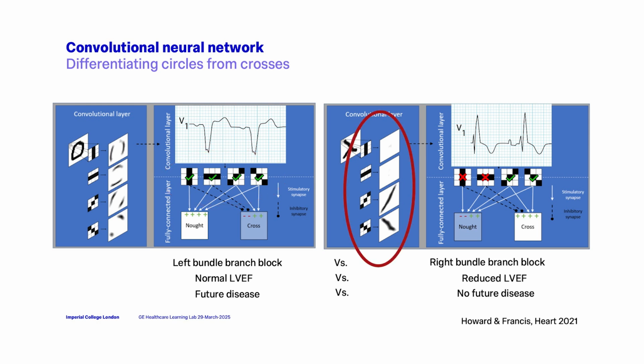And if it only sees diagonal lines, but no horizontal or vertical lines, that's going to be a cross. And that's how the model has learned on its own what's a circle and what's a cross, without the human ever needing to tell it any information. And it will do this very quickly, and after a short time, if you give it a cross or a circle that it has not seen, it will be able to tell you which is which.